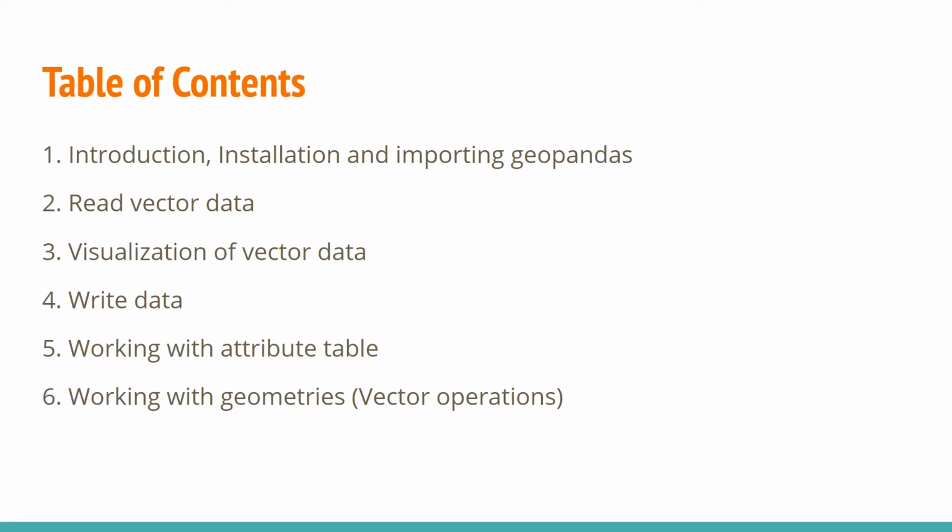That means the vector operations, like we can create a buffer zone, and I'll show you how to create point, line and polygon shapefiles. And then after that, I'll also show you how to merge the attribute table with your geometry, something like this.